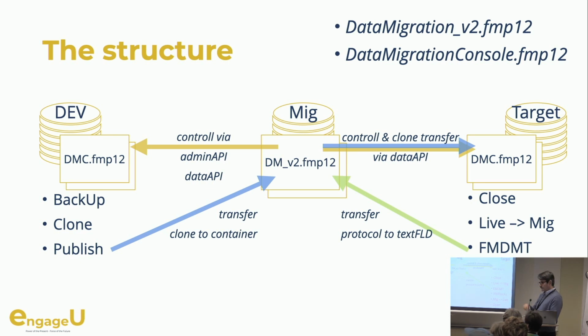Just out of the box, wouldn't it be easier to copy them, and once you succeed, overwrite your original files? That's a possibility. You could also use the FileMaker data migration to overwrite the file in the live directory.